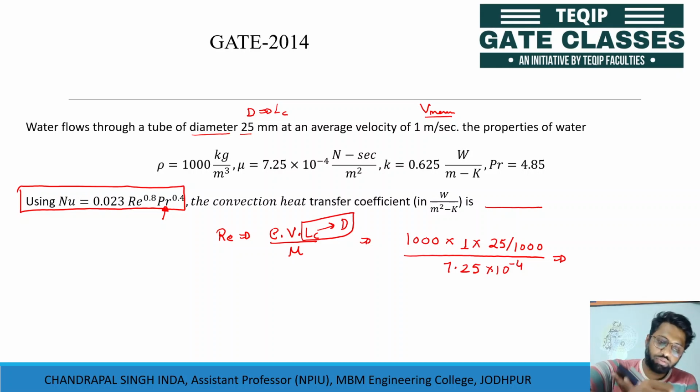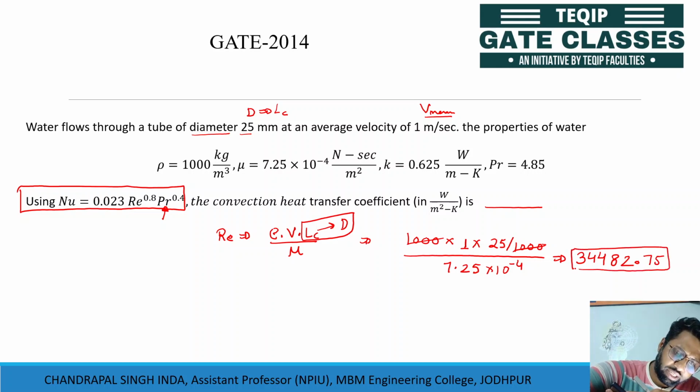The 1000 and 1000 are going to cancel out. We will have the Reynolds number equal to 34482.75. This is the value of the Reynolds number, which represents that the flow is turbulent.